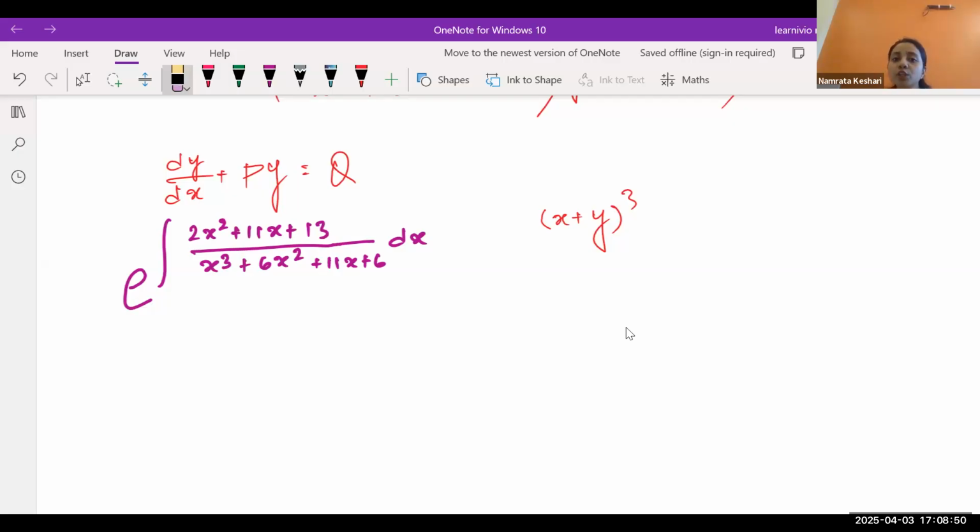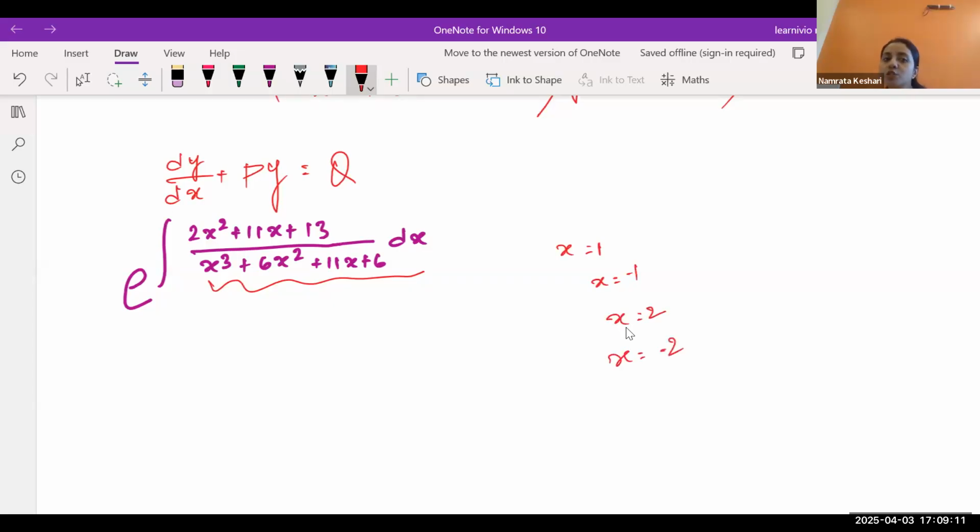Another approach for dealing with a cubic polynomial is to check what x value will make this expression completely zero. Okay, x equals 1 or maybe x equals -1 or maybe x equals 2 or maybe x equals -2. Which number, when we substitute over here, makes the complete expression 0.